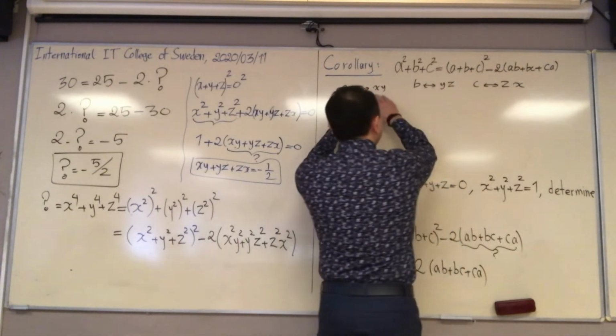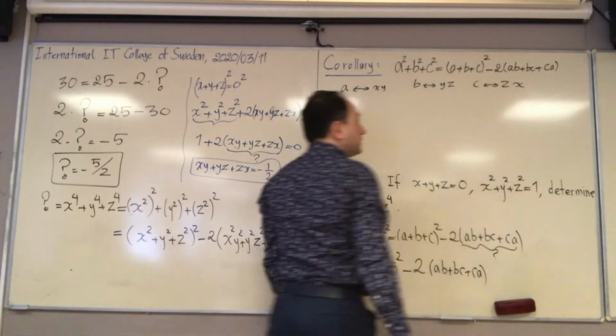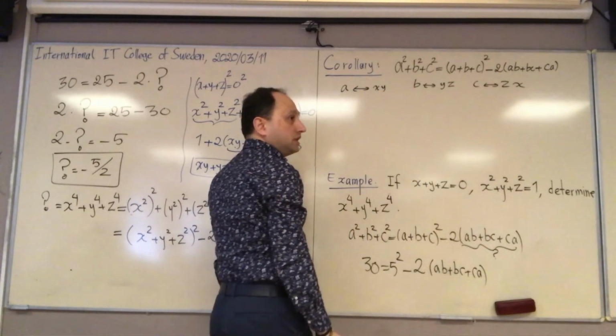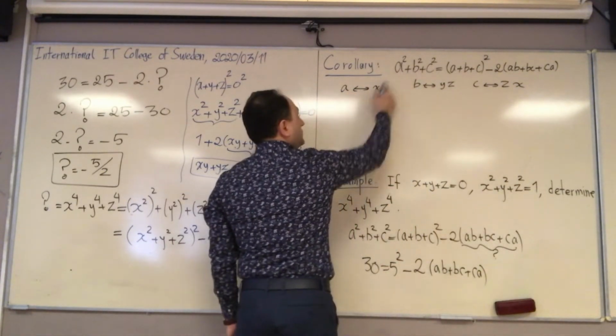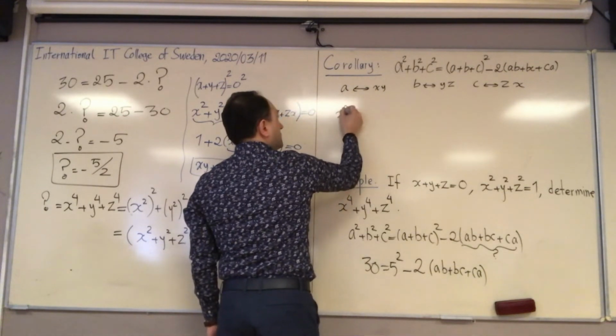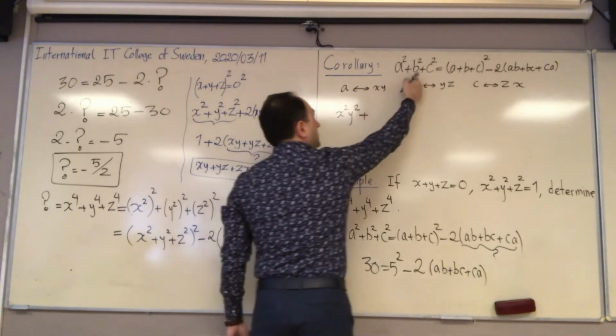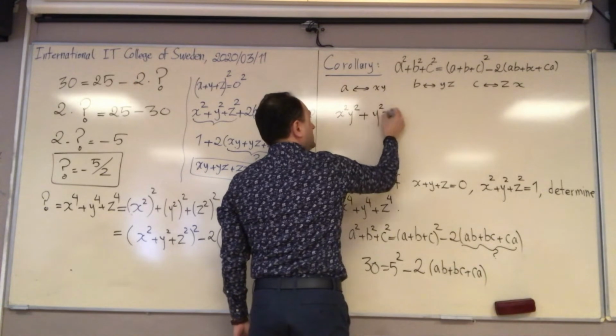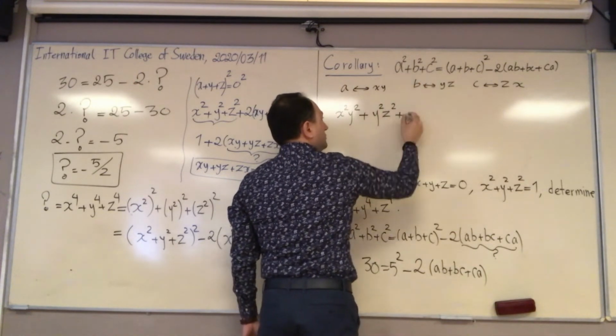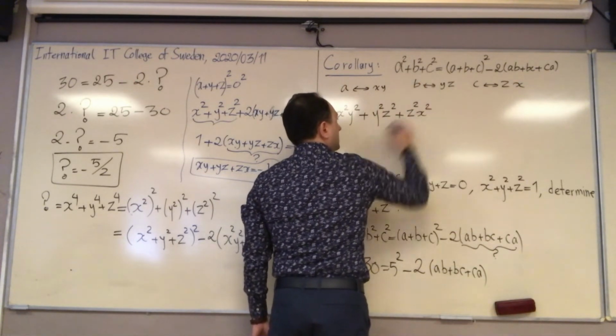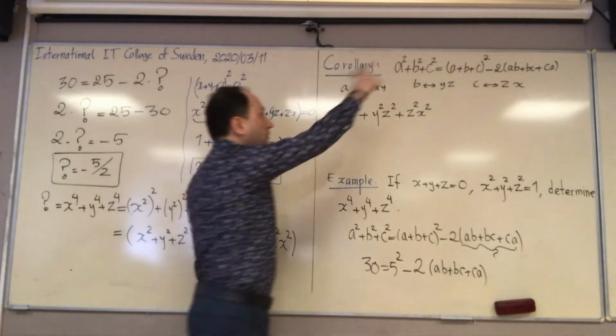So let us put these things into this corollary once more and see what happens. A to the 2 becomes x squared y squared, plus B to the 2 becomes y squared z squared, and C to the 2 becomes z squared x squared. Agree?